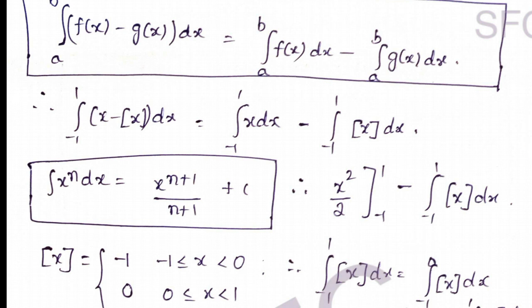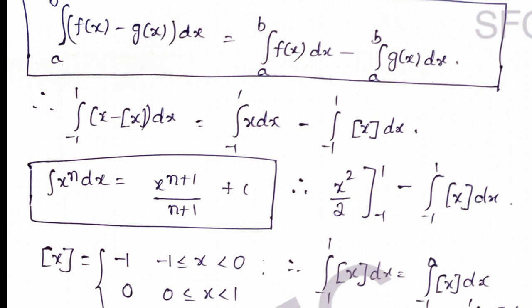Now, while writing integral minus 1 to 1 of x dx, we have a formula in integration which says integral of x power n dx equals x power n plus 1 by n plus 1 plus c. So we are writing the integration based on the formula.